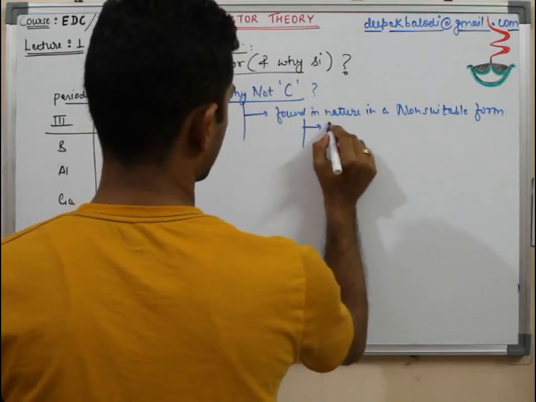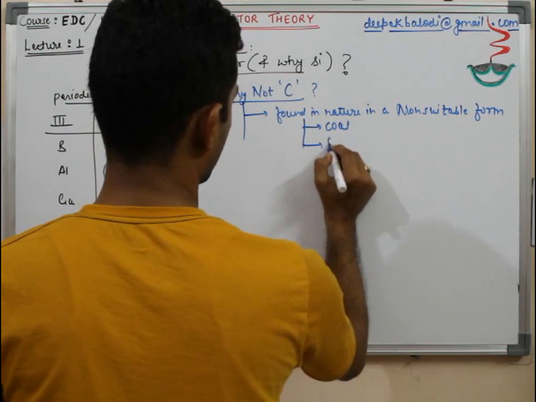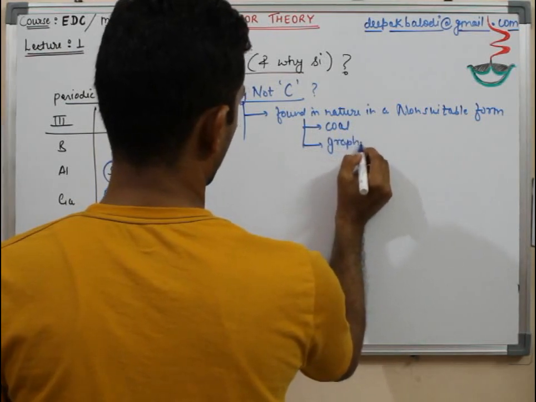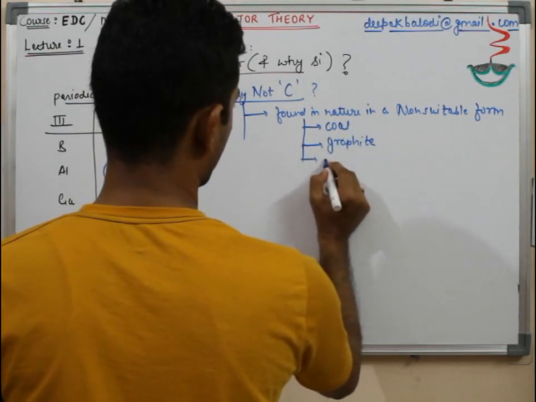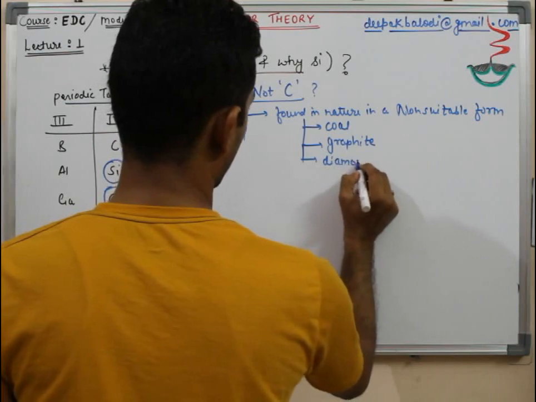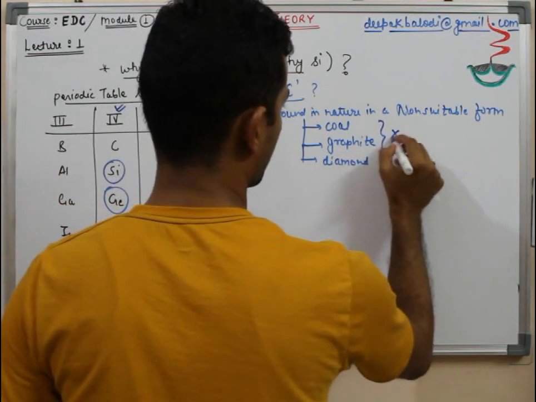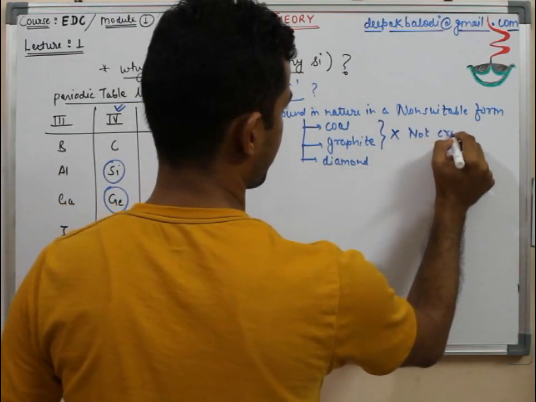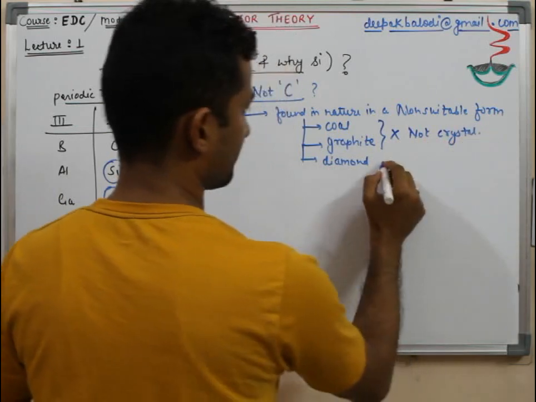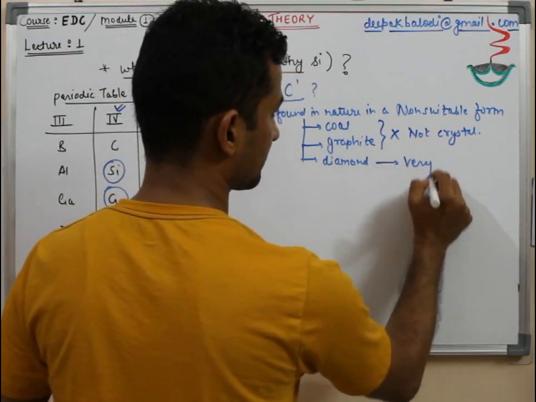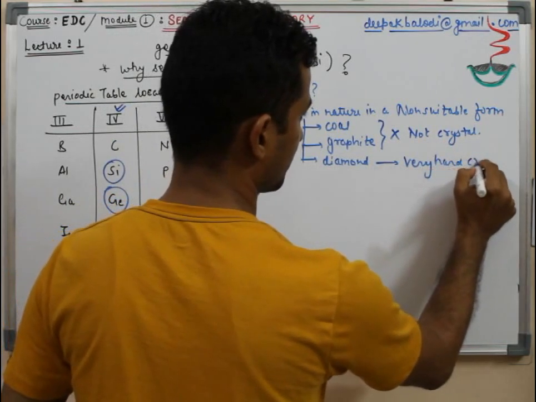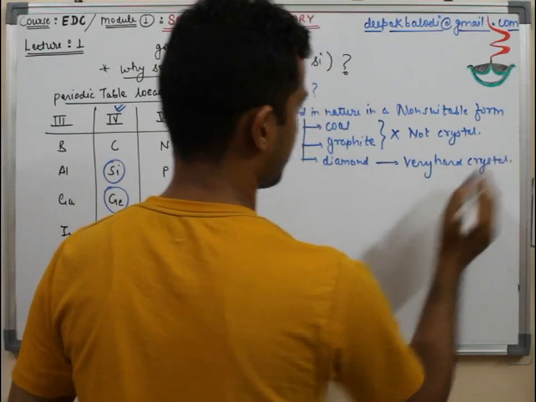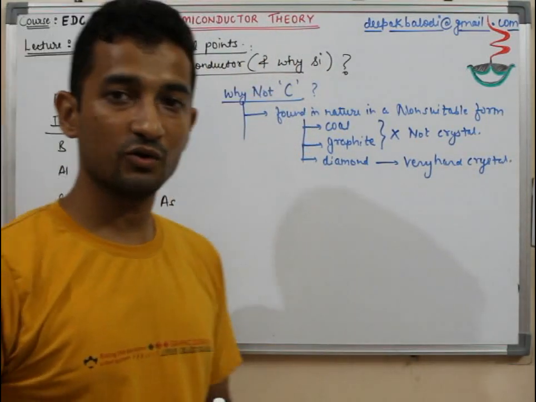Like it is found as coal or graphite, or in fact if you process it properly it is diamond. So these two are not crystal, and this is a very hard crystal. You see, there are two extremes.